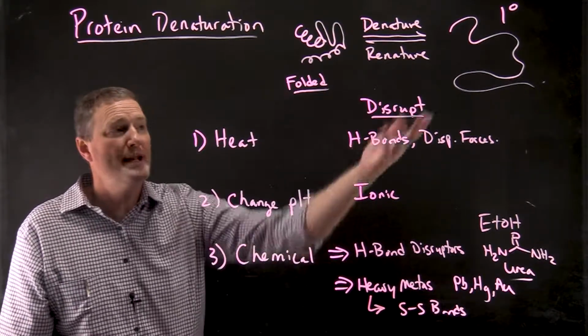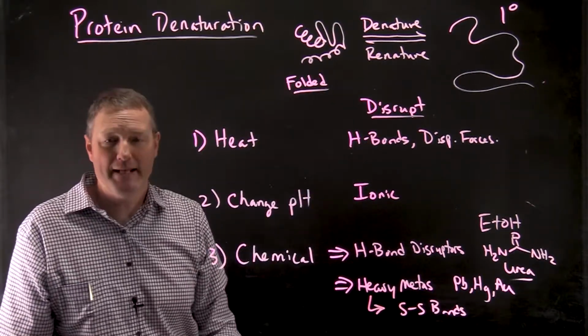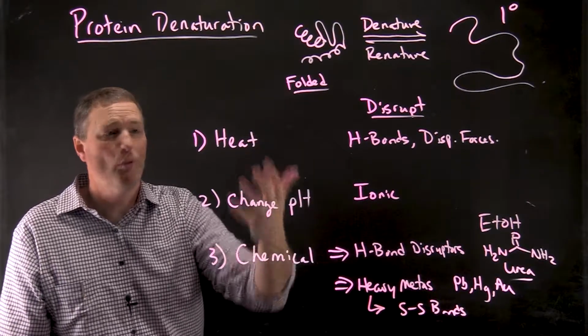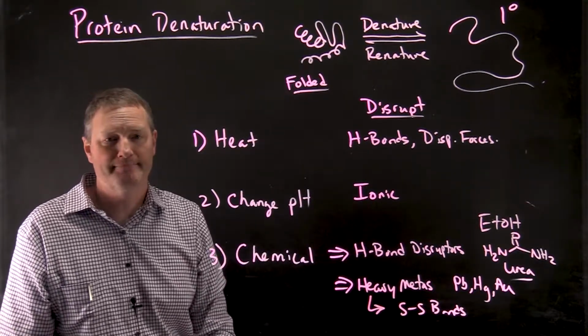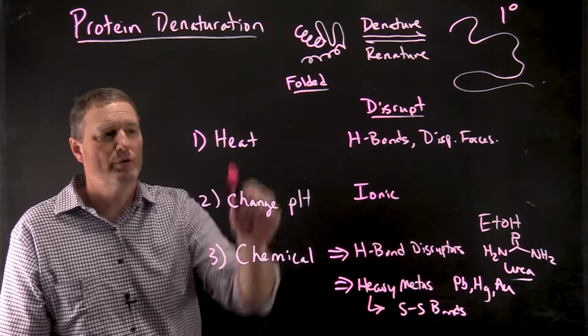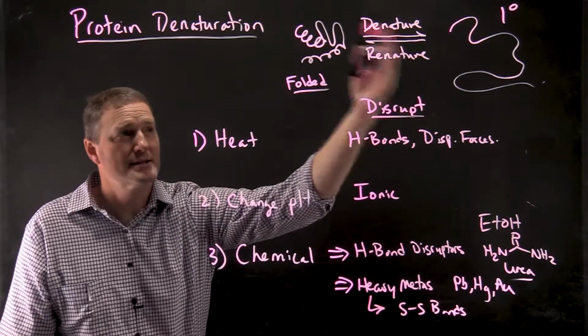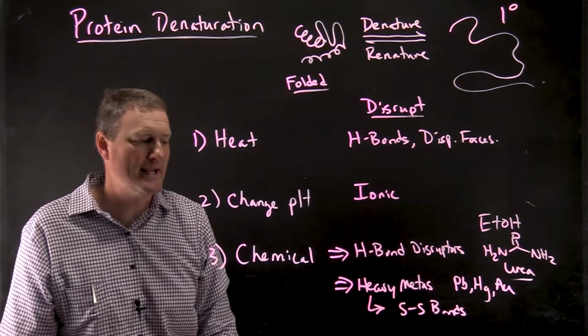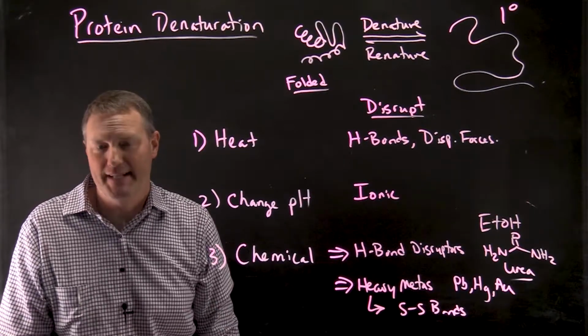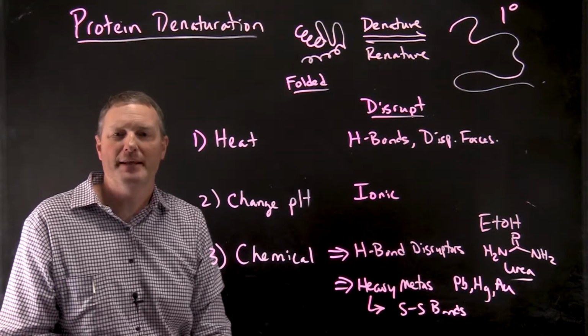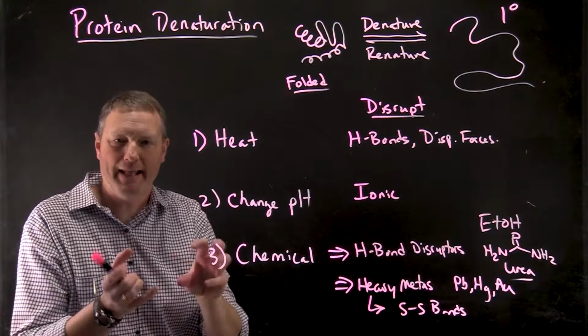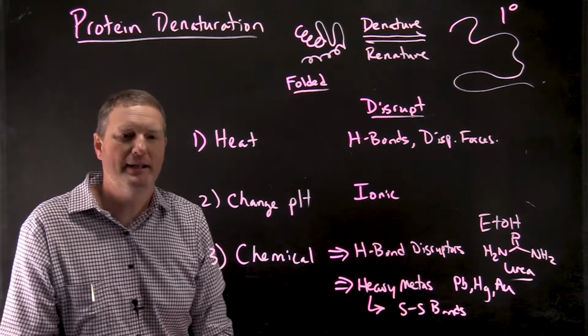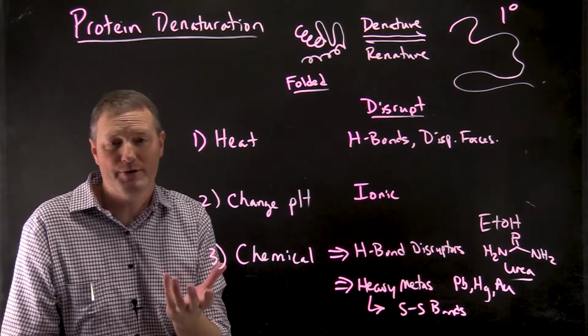If you wanted to renature a protein, in many cases you can simply remove whatever the disrupting agent was. So if you were to remove the heat, you might then allow this to simply go back to the folded state. I'll give you an example where that doesn't happen. If you were to crack an egg open, the gelatinous liquid in the egg is composed of albumin protein.